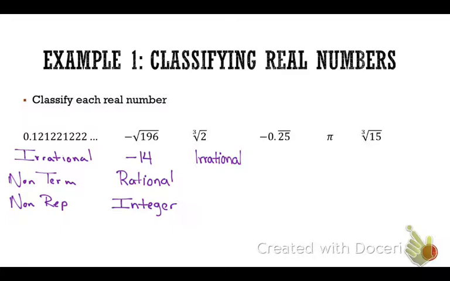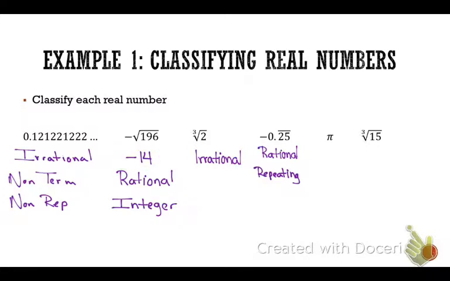Yes. Because I can write a repeating decimal as a fraction, this is a rational number, and you will classify it as a repeating decimal. That's really the criteria. Can you put negative 14 into a fraction? Absolutely. Negative 14 over 1.